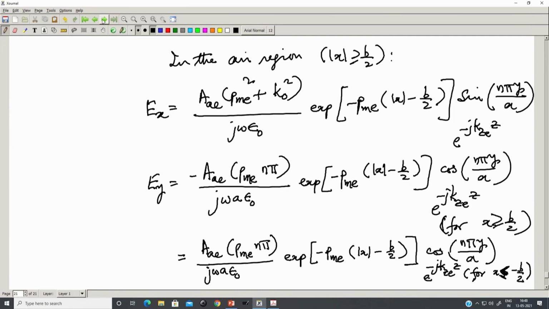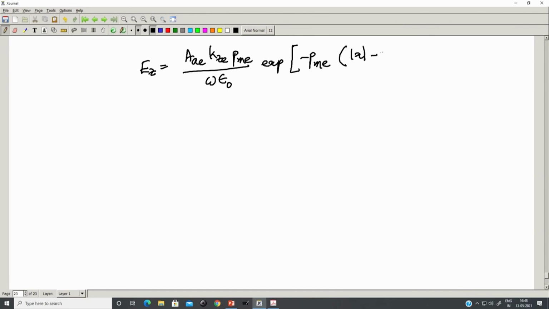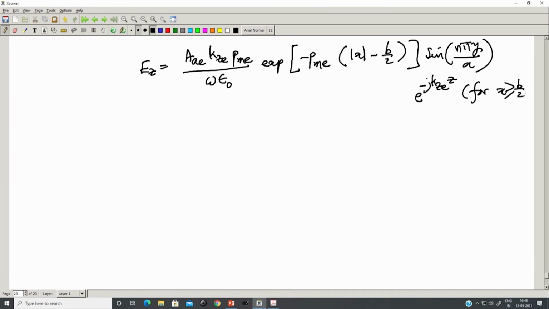Okay. Similarly, we have E z as A A E k z e p m e by omega epsilon naught exponential minus p m e mod x minus b by 2 sin n pi y by a e to the power minus j k z e z, that is for x greater than or equal to b by 2.